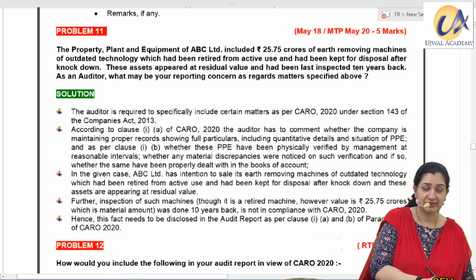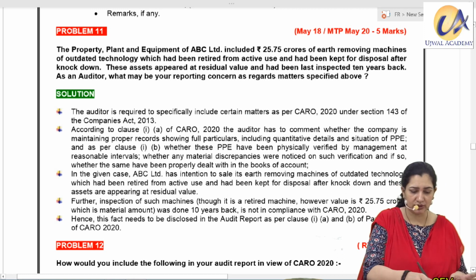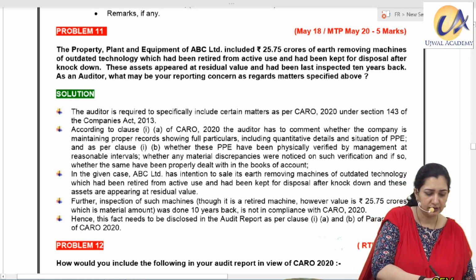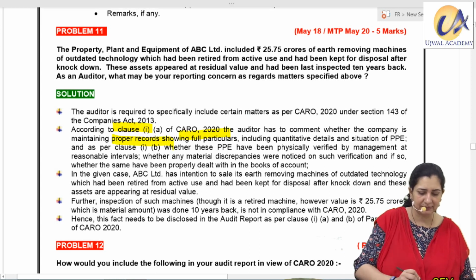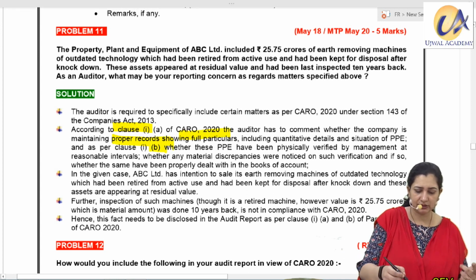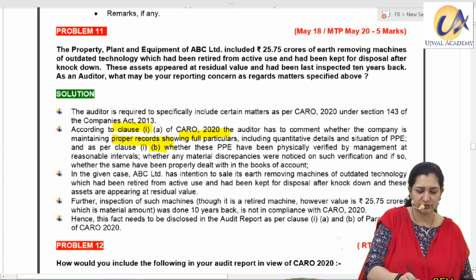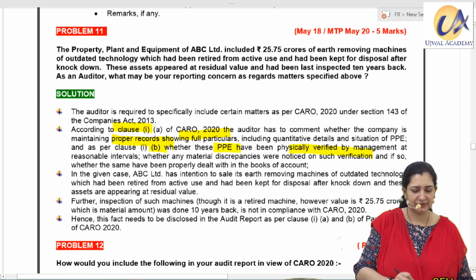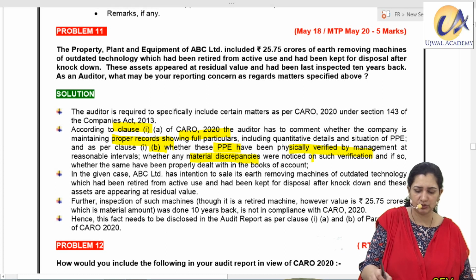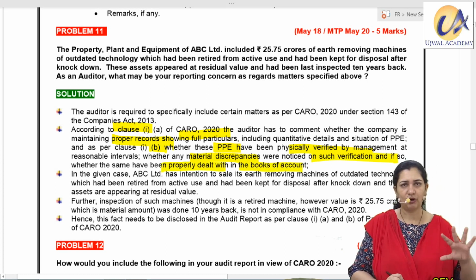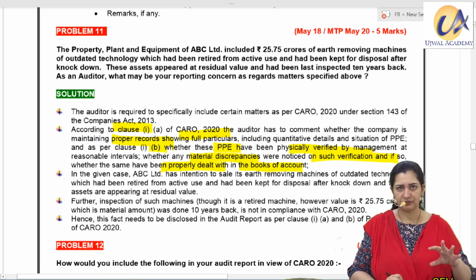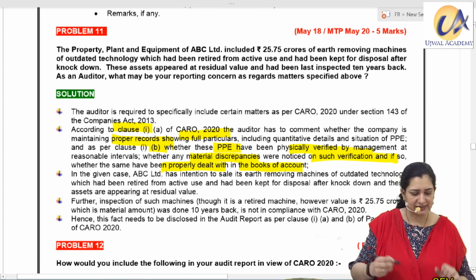Again, physical verification, whether proper records are maintained or not, we have to see, right? So under clause 1 of Caro 2020, we have to see whether proper records are maintained. And in B, second subclause, we have to see whether PPE is physically verified, whether discrepancies have been noticed, and whether they have been properly dealt with in the books. All this is what we have to do as per Caro. And clearly in the given case, what has happened?